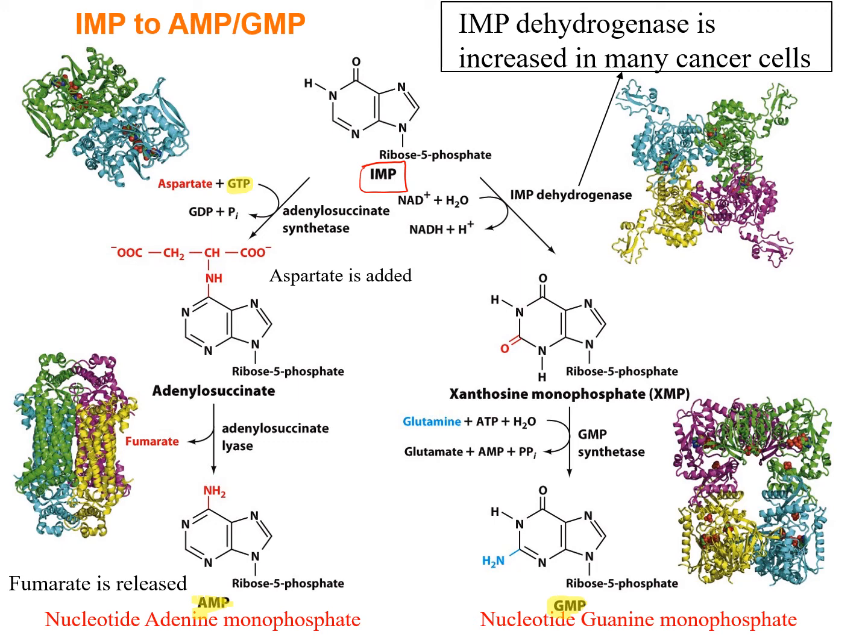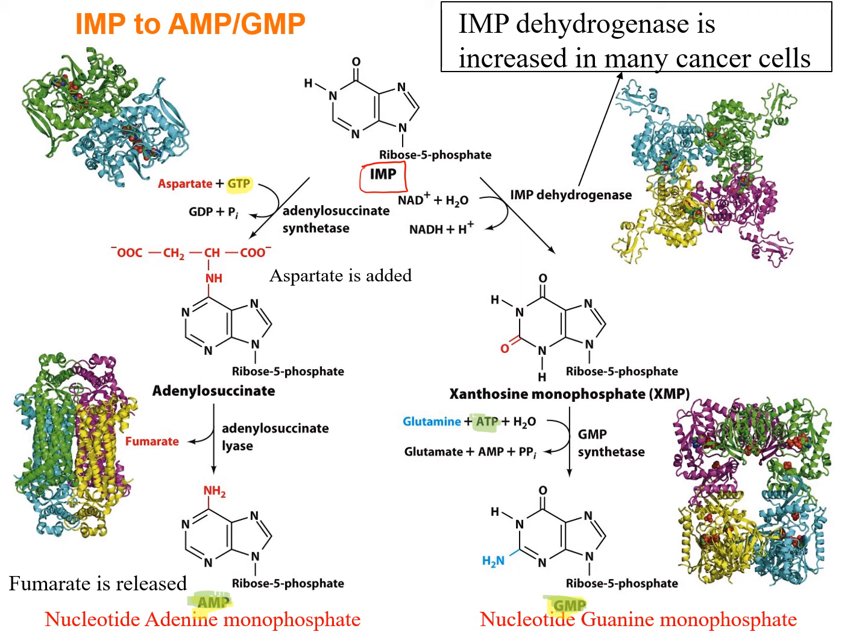Also want to reinforce that in order to make GMP, let's highlight that in green here, we need the energy in the form of ATP. Well, where does ATP come from? ATP comes from AMP. Remember, AMP can be phosphorylated to ADP, which in turn can be phosphorylated to ATP.